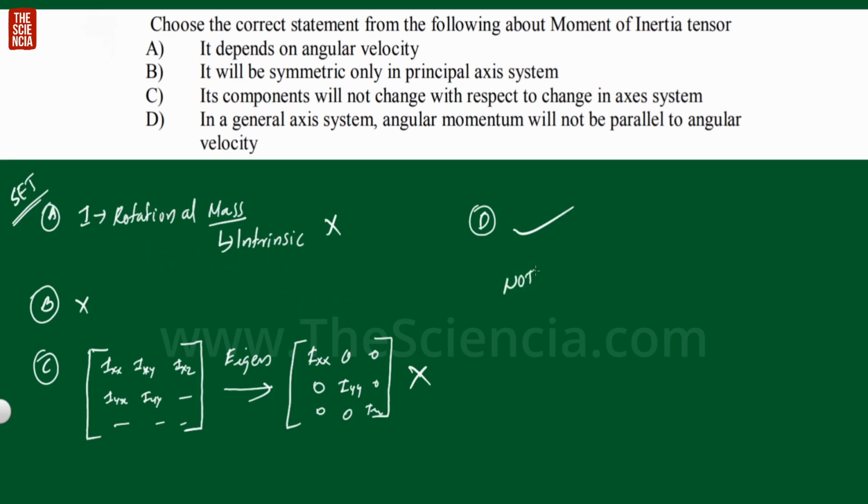Here you note that in a general axis system, in general, L will not be parallel to omega. Just remember this. Okay. I will not tell the explanation, but you can refer to some classical mechanics book and you can find this proof. Okay.